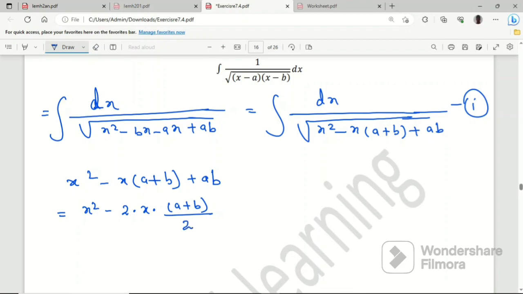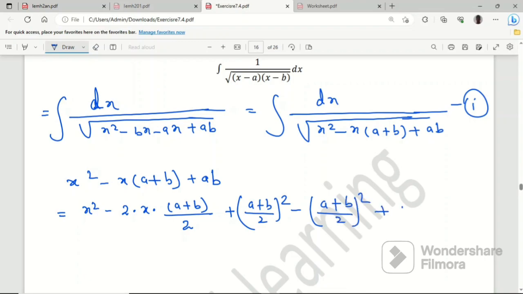Now (a plus b) upon 2 is our b, that is, I'm using the identity of (a plus b) whole square. So I need to write (a plus b upon 2) whole square. I'll subtract it also since it is an extra term, plus ab.